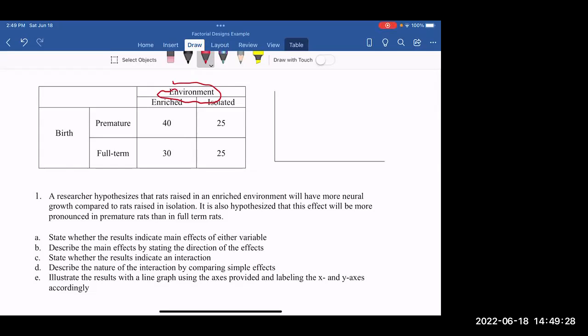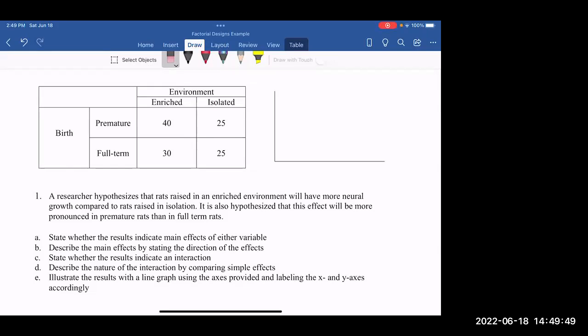So ignoring age completely, does the mean neural growth for enriched differ from the mean neural growth for isolated, right? Well, let's take a look.